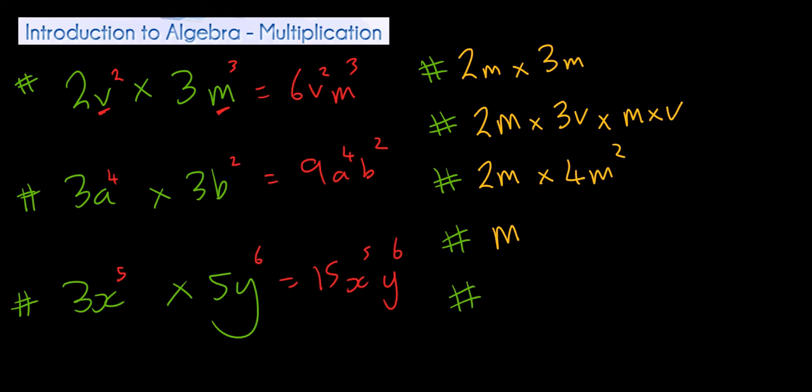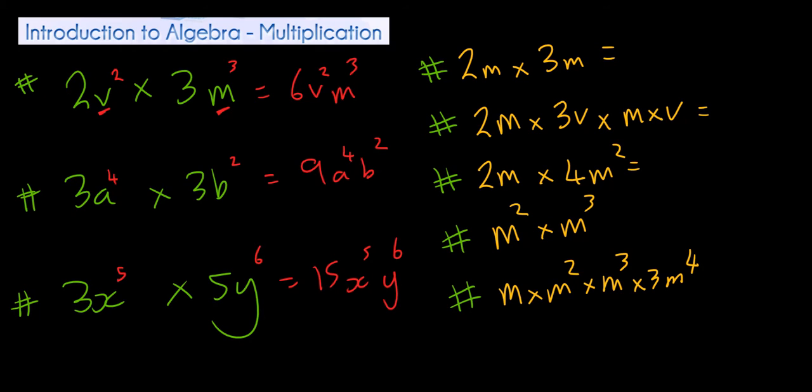Let's do m squared times m cubed. Let's do m times m squared times m cubed times 3m to the 4. Now, these may look like complicated questions, but in fact, they're simpler than they look.